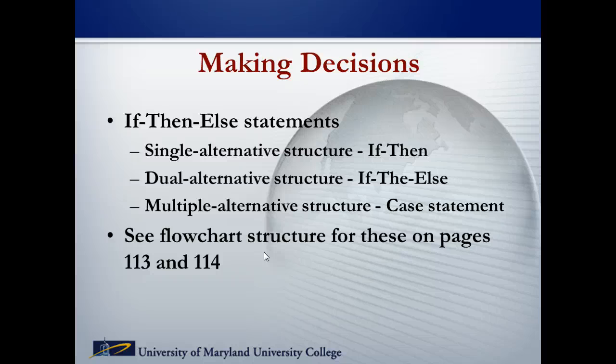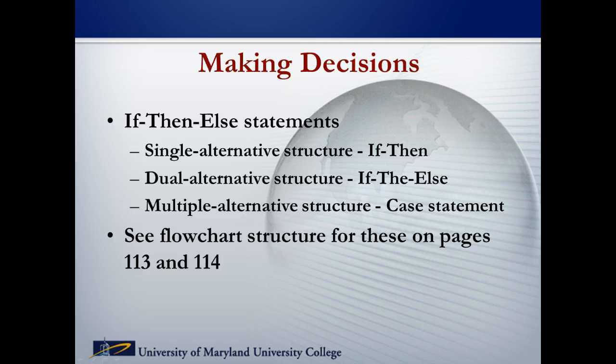And then there's also the multiple alternative structure, which is, for instance, a case statement, and we'll get into that here in just a few minutes. But that's going to be looking at more than one condition. So if you look at the flowcharts for these on pages 113 and 114, let me get there myself.